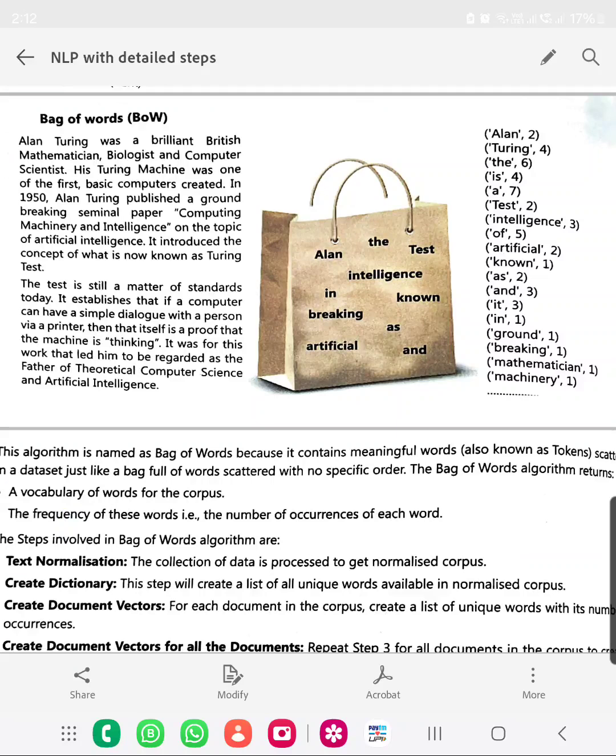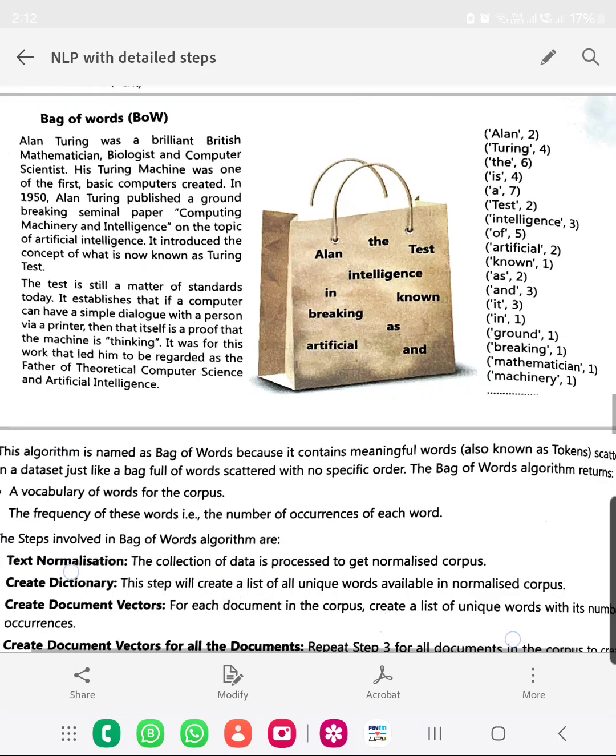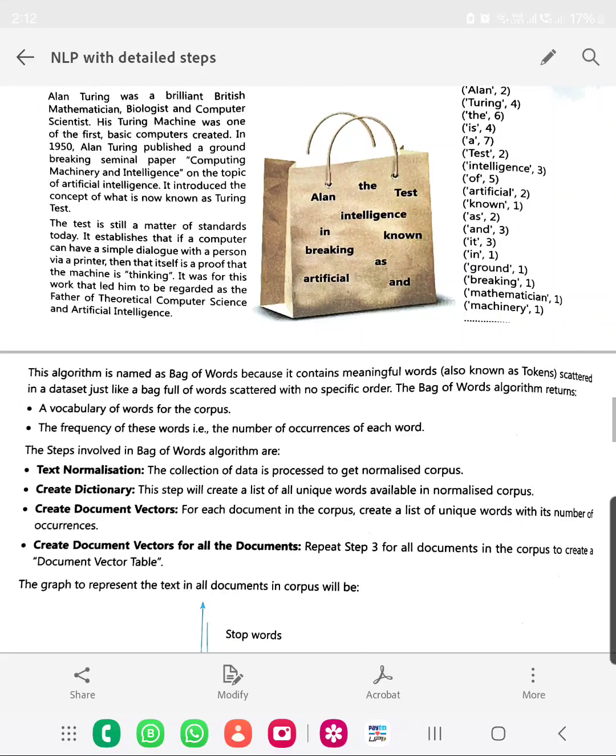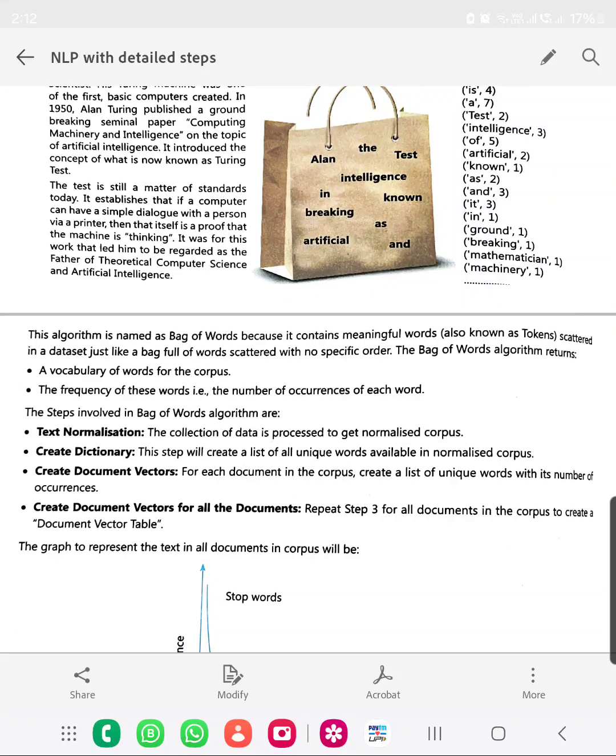So all these can be represented as a bag of words also. For example, Alan is used 2 times, Turing is used 4 times, the is used 6 times, is is used 4 times, a is used 7 times. So this kind of detailing is present in bag of words. The frequency of these words, the number of occurrences, is also included and it gives us the complete vocabulary.